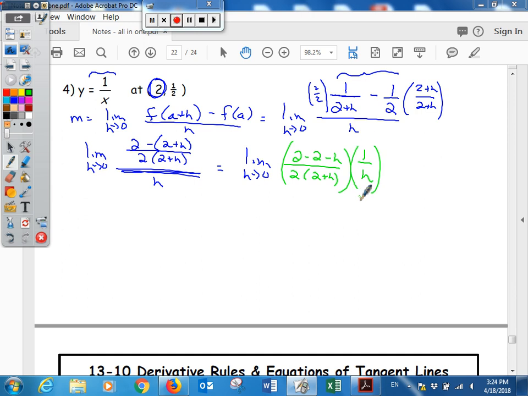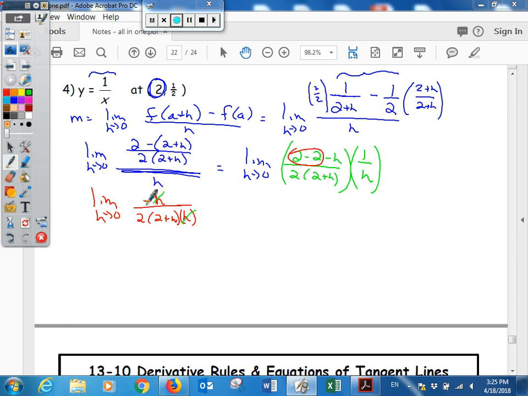All right, 2 minus 2. Those are gone. So I've got the limit as h approaches 0 of negative h over 2 times 2 plus h, all that times 1 over h. Oops, this was a negative h, my bad. Negative h on top. So you see that we've got h's that will cancel.